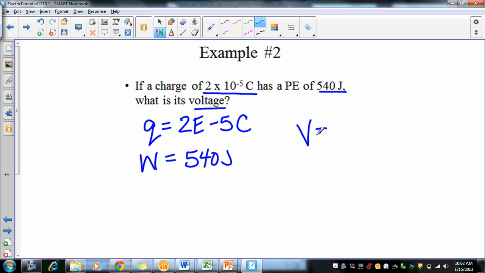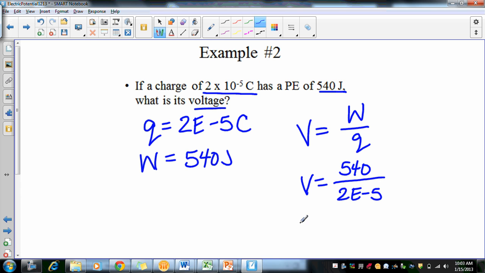So V equals W over Q. So V equals 540 divided by 2E negative 5. When we divide this out, we get a very large number, 27 with 6 zeros on the end.